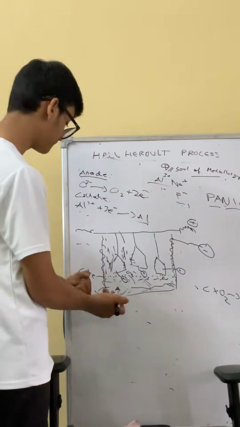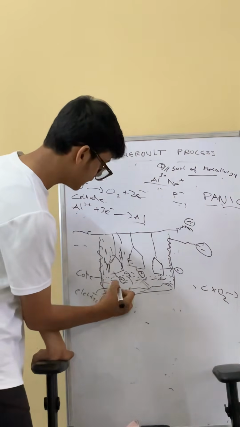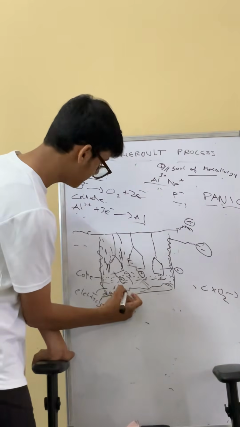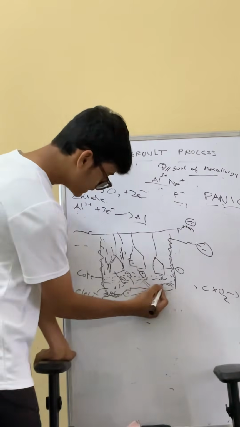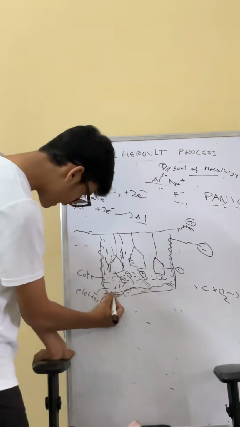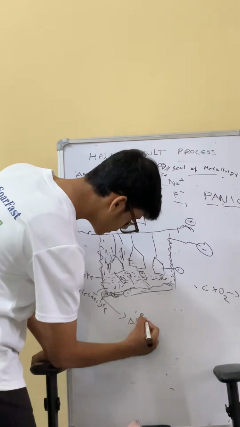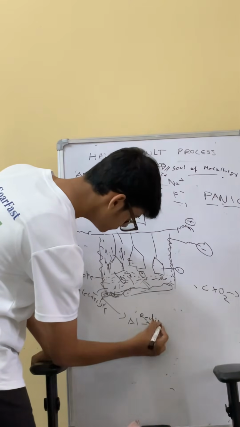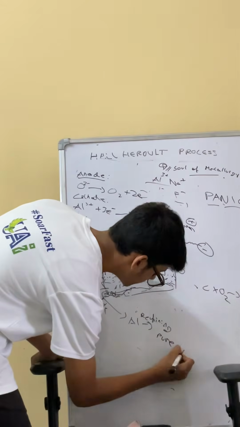This is just a drawing. And then we get aluminum left in the electrolyte, pure at the cathode, because this is the cathode. Aluminum goes through refining to get pure aluminum.